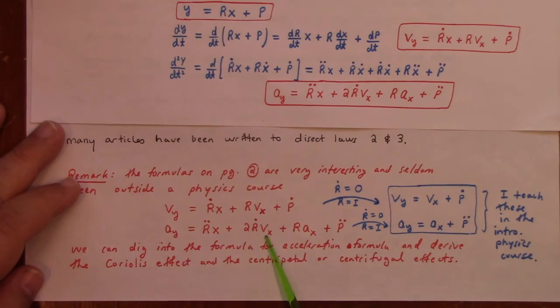Whew, I'm a little rusty here. I don't quite remember, but I know that part of this is what goes into what we call the Coriolis effect, and the other part is what you would think of as centripetal or centrifugal, depending on how you want to slice things.